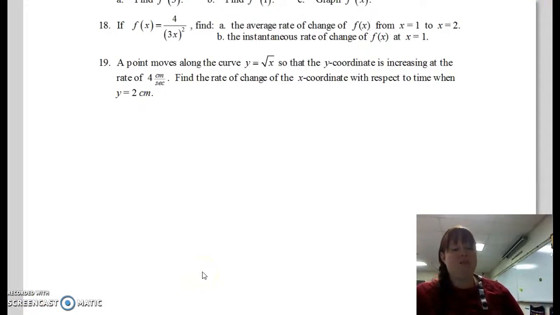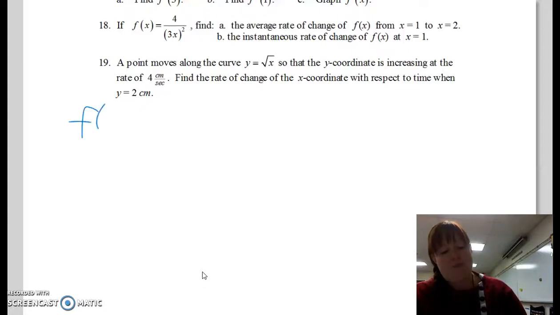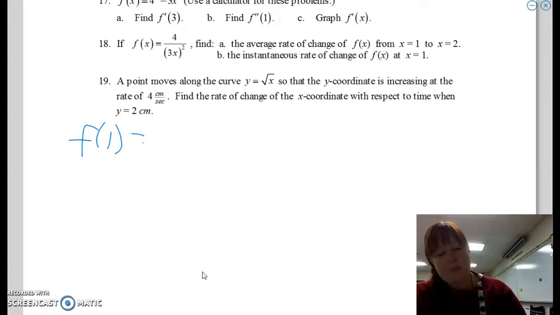Average rate of change is just the change in y over the change in x, right? So we're going to look at the average rate of change from x equals 1 to x equals 2. So f of 1 is 4 over 3, okay?